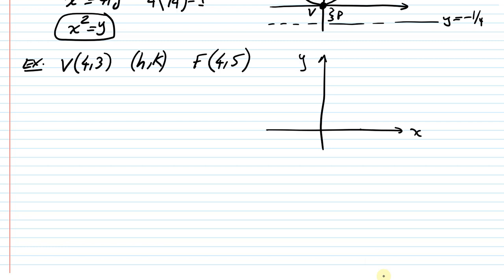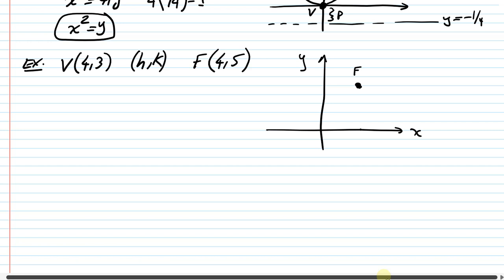Focus is at 4, 5. Call that 4, 5. That's the focus. Remember, the focus is in front of the vertex. At this point, it could be up, down, right, left, four choices. But the vertex should settle this for us. Now, the vertex is at 4, 3. So that's going to be right in here. That's the vertex.